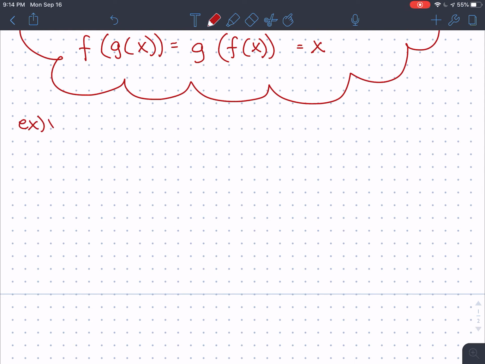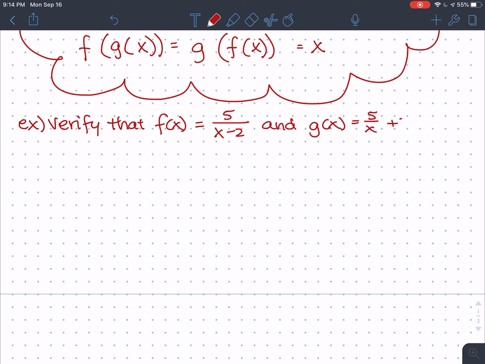So example, verify that f of x equals 5 over x minus 2, and g of x equals 5 over x plus 2 are inverses of each other.